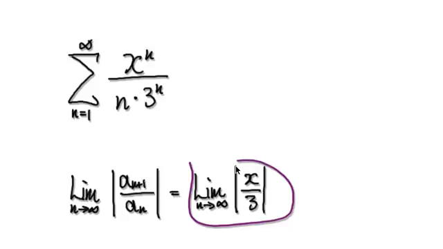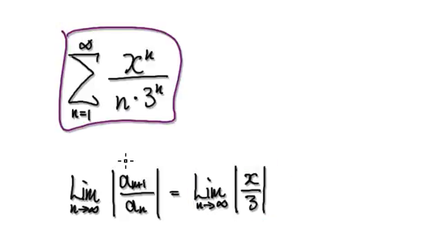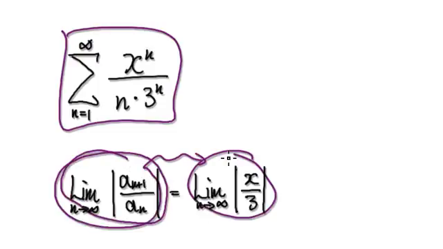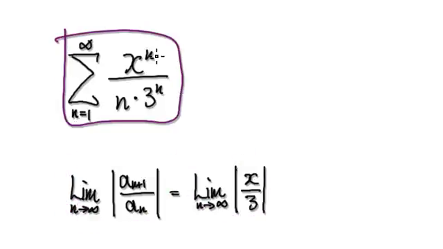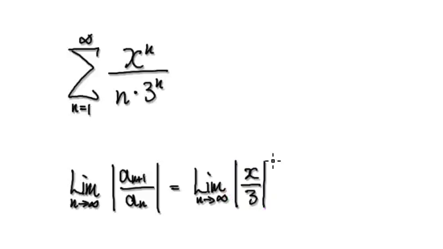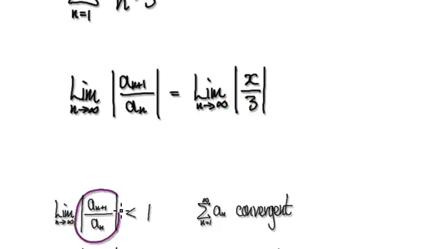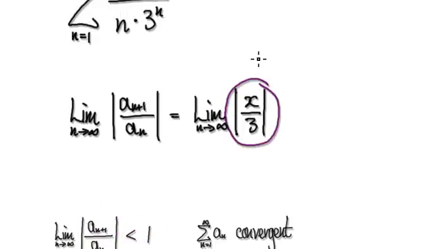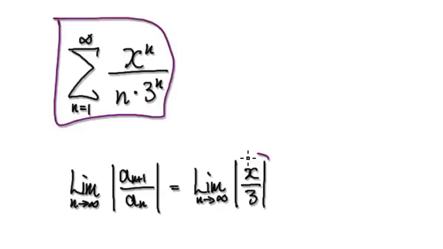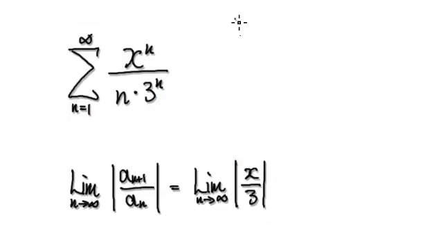Remember, for this series, if we use the ratio test, the value of this thing here equals this thing here. If we want to understand when this will converge, concentrate on making this less than 1.